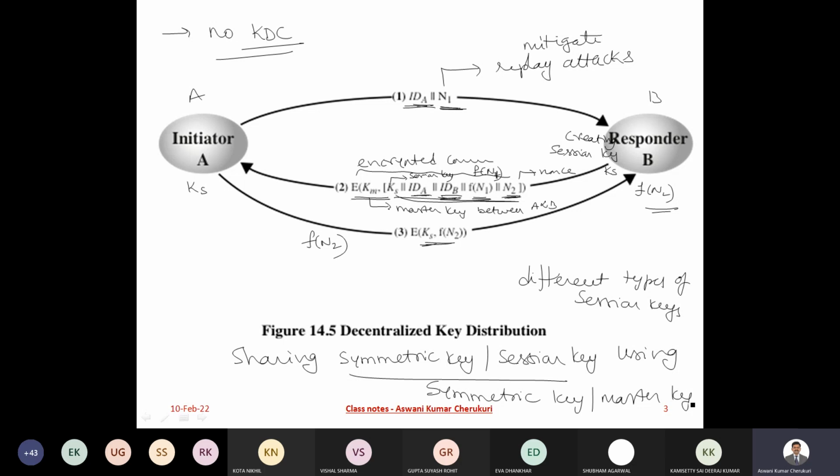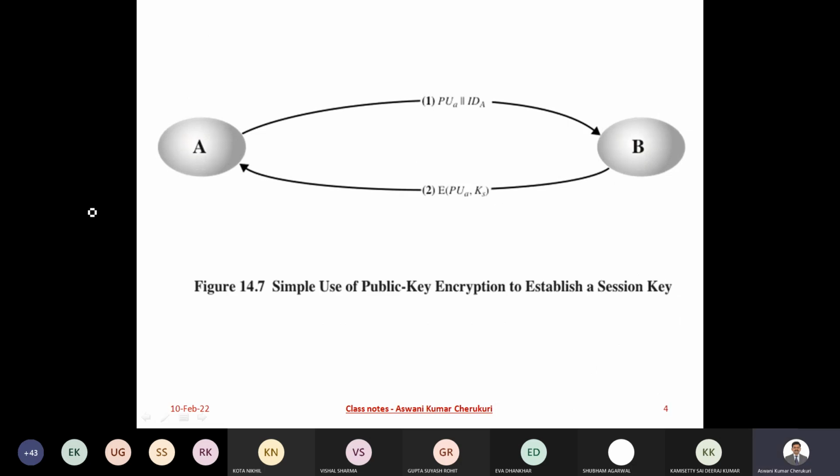Is it that my session key can be established only with the master key, and that means only with the help of symmetric keys? No. What is the other key mechanism? Other keys you have are asymmetric keys. I can use asymmetric keys.